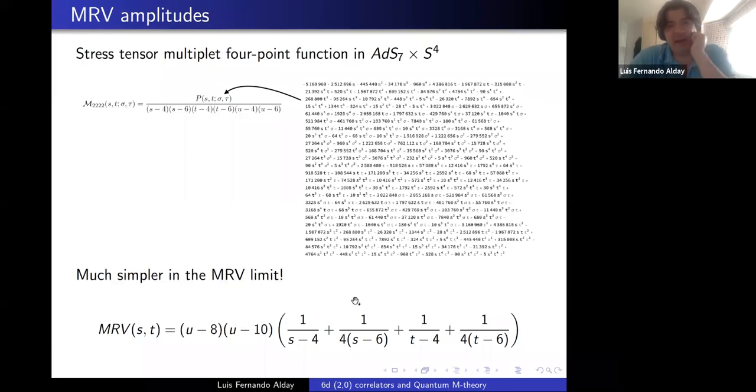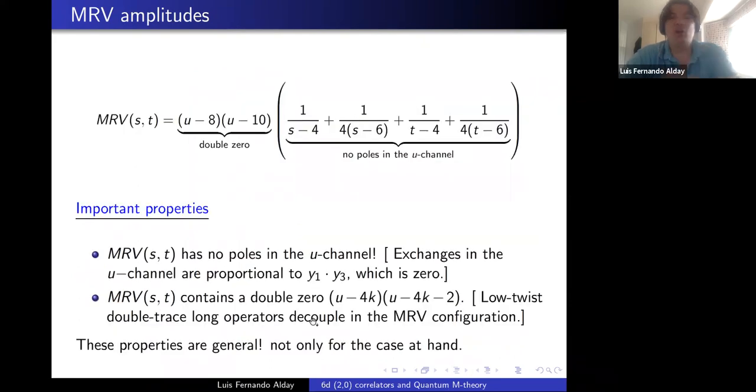Here there are two things that I would like you to notice. The first thing is that the amplitude has no poles in the U channel. We have poles in S, we have poles in T, but we don't have poles in the Mellin variable U. The reason is that exchanges in the U channel are always proportional to y1 dot y3, but this is 0 in this MRV polarization.